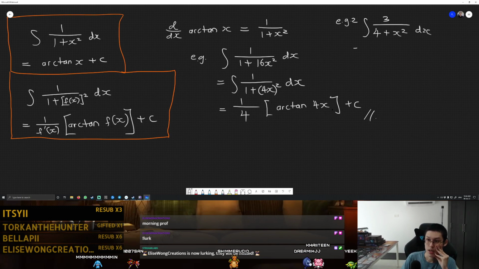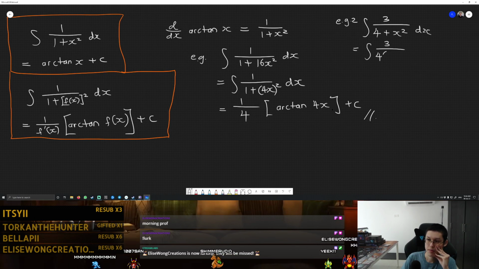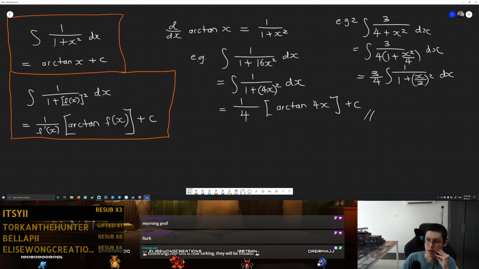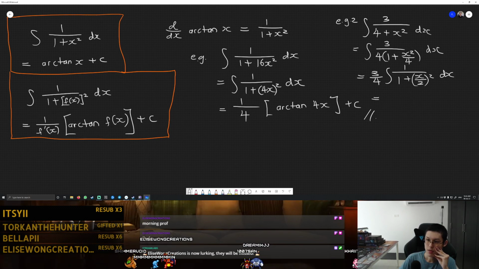And you can do that by factorizing out a 4 at the bottom. Then we're going to take out the 3 over 4 here. And then you can see that this is now like this. Ta-da! So now we can just integrate normally.